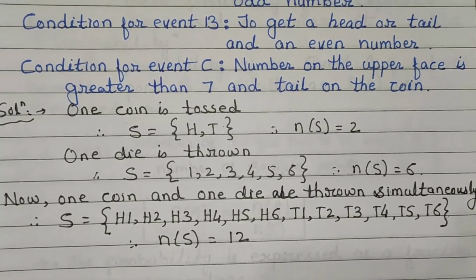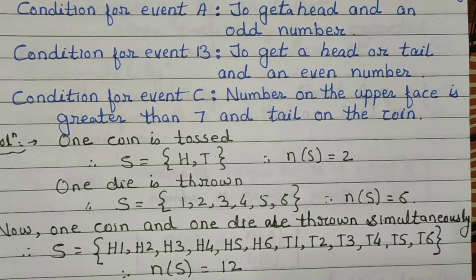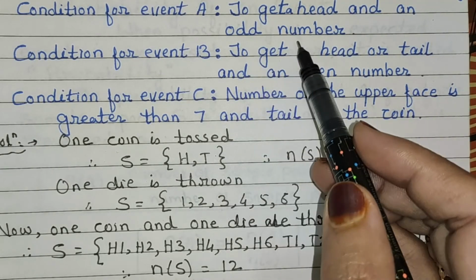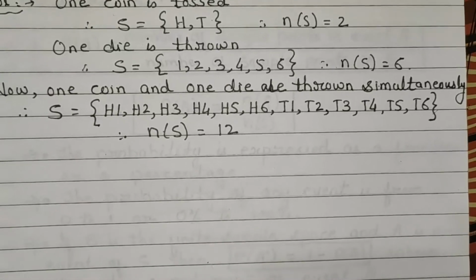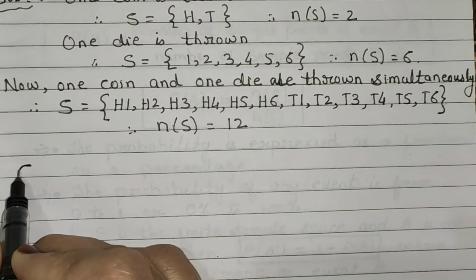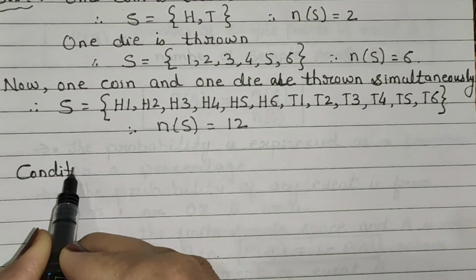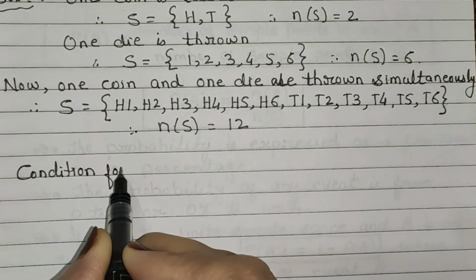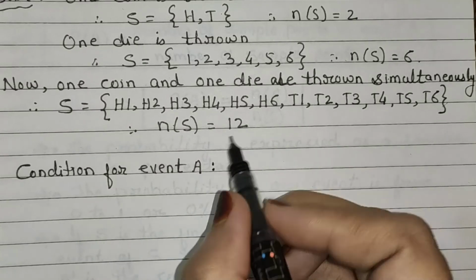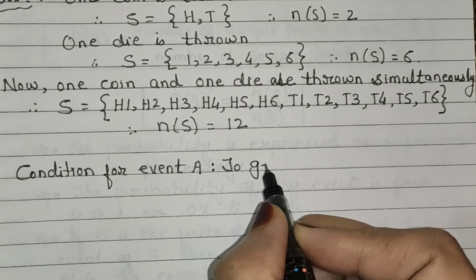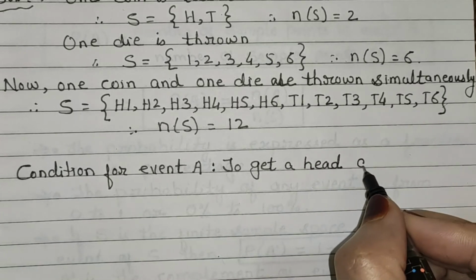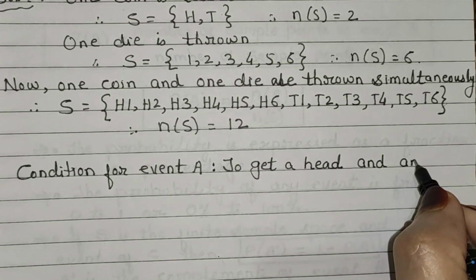Now, look at the condition. Condition for event A is to get a head and an odd number. Therefore, write down here condition for event A to get a head and an odd number.